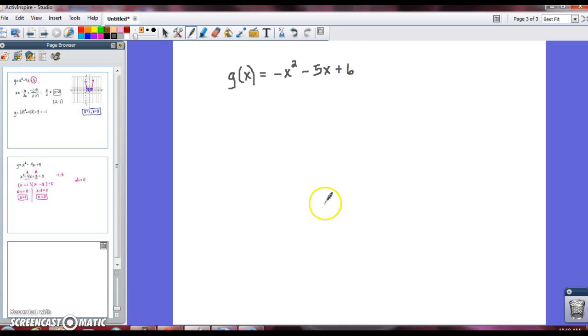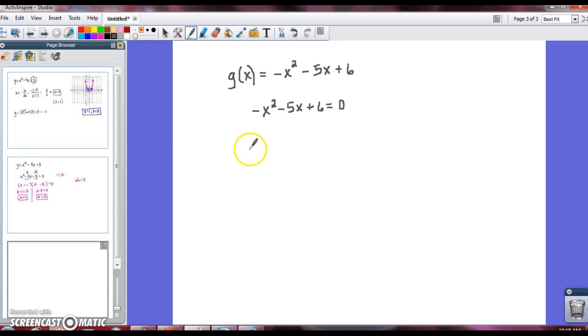Okay, if you have something like that and you have to solve it by factoring, just remember you still start the same way. You always set it equal to 0. But it's really hard to factor with that negative out in front. I don't like to do it, and I'm a math teacher.